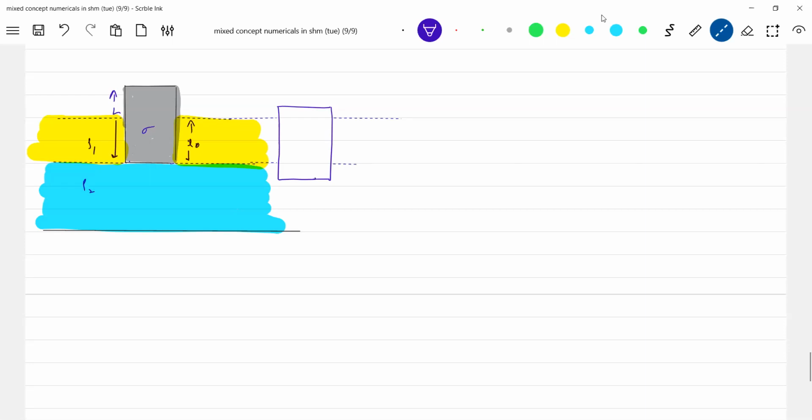Okay, we'll try to analyze the diagram first. So the block went slowly, it got into the blue color liquid, the lower liquid also. Then again, it will come back to the mean position like what we had. Then it will slightly rise up.